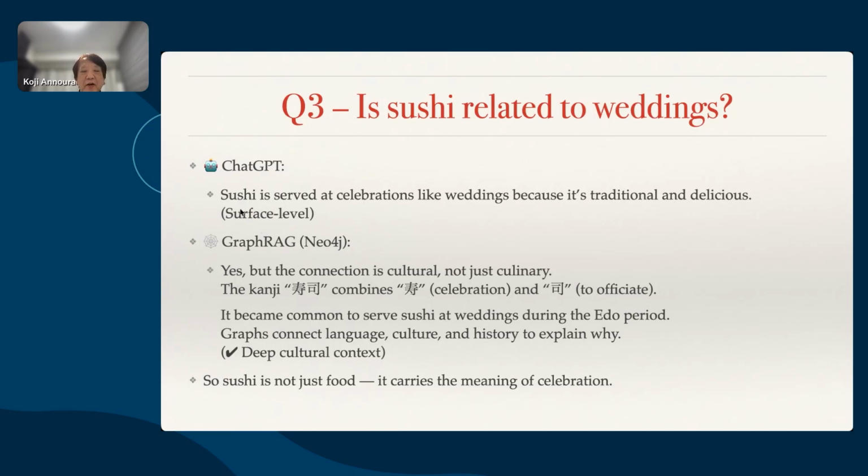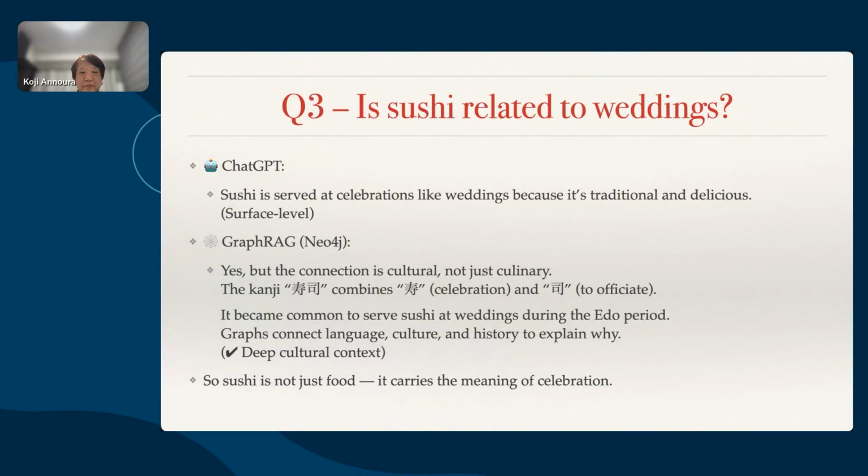Okay, is sushi related to weddings? ChatGPT answers that sushi is served at celebrations like weddings because it's traditional and delicious. But GraphRAG answers that sushi is combined with celebrations, and it became common to serve sushi at weddings during the Edo period.